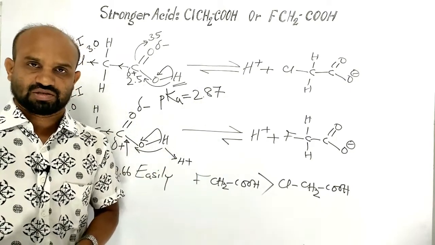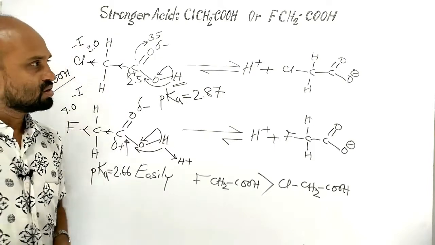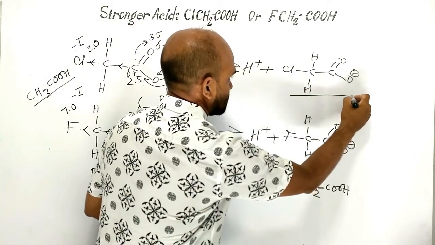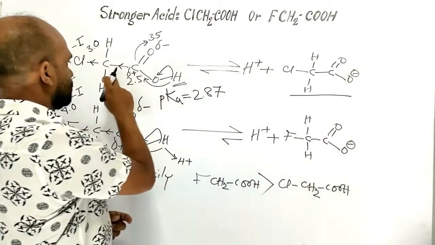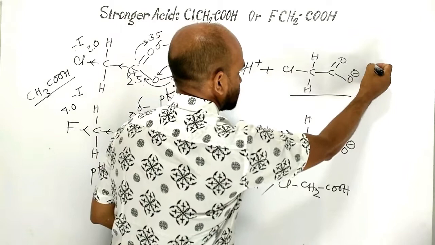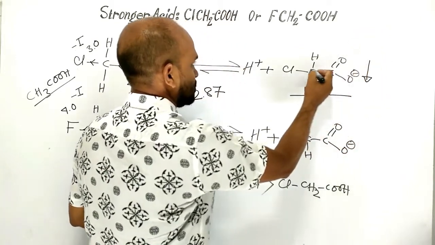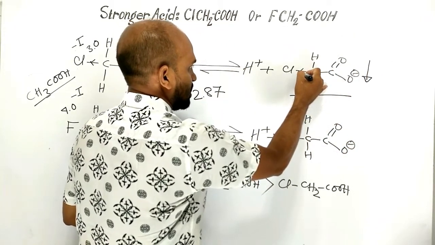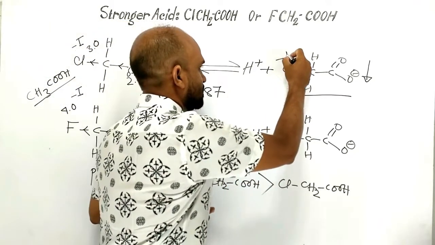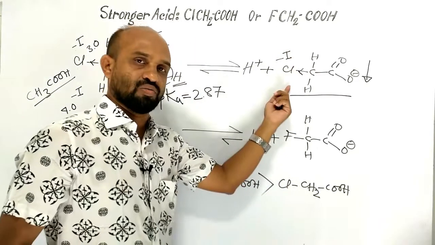Again, in the chloroacetate ion, which is produced from chloroacetic acid, this minus charge is dispersed by the attraction of chlorine, which is a negative inductive effect atom.